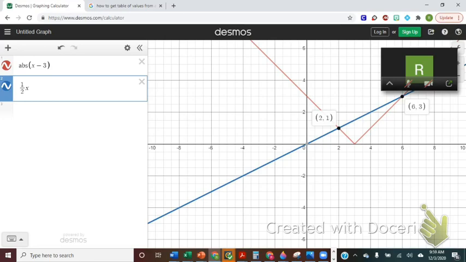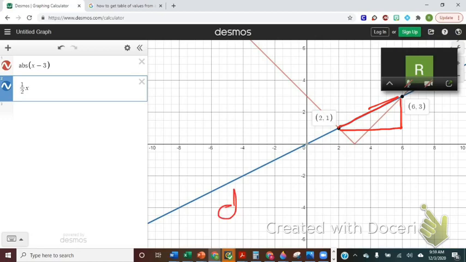And what you're going to do is use the distance formula. Remember, distance formula is just sort of like the Pythagorean theorem. We want to find out the length of this line. So we're going to have a right triangle here. I'm going to show you both ways.